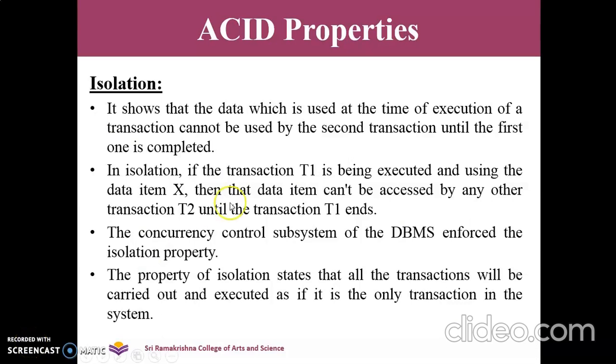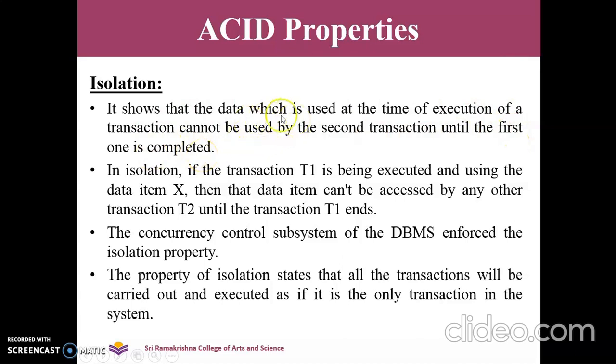Next is the isolation property. The main aim of this property is that transactions should occur independently without any interference. The data used at the time of execution of a transaction should not be used by a second transaction until the first one is completed.